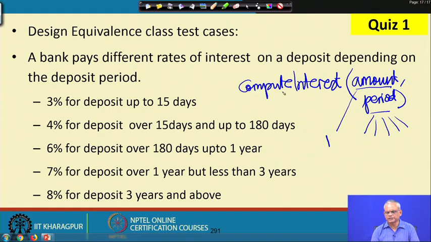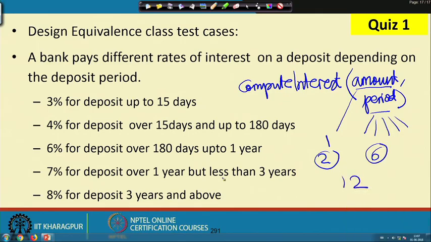So, both weak and strong equivalence class testing will require 5 test cases, but for robust testing we have one valid and one invalid for the first parameter. So, there are 2 classes for the first parameter. The second parameter has, let us say, one invalid class. So, we have 6 here. So, the number of test cases become 12 for robust testing.